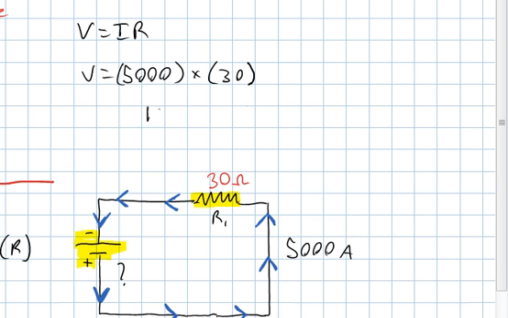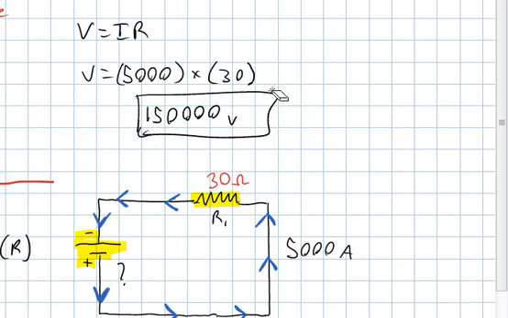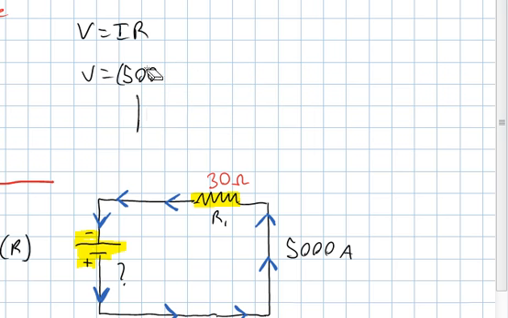And we get 150,000 volts. So if you had a circuit with 5,000 amps and there was only 30 ohms of resistance, which is really nothing, you would have a voltage source of 150,000 volts. Congratulations, you die.